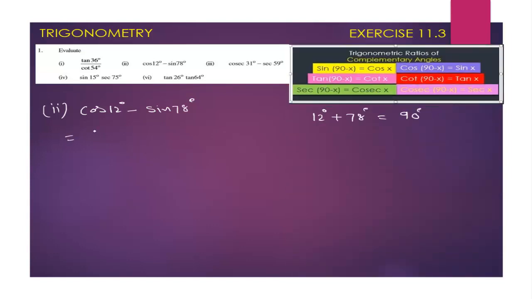Here cos 12 we can write as cos of 90 minus 78 degrees. Here 78 is x, 90 minus x. So 12 degrees we can write as 90 minus 78, and minus sin 78 is as it is.